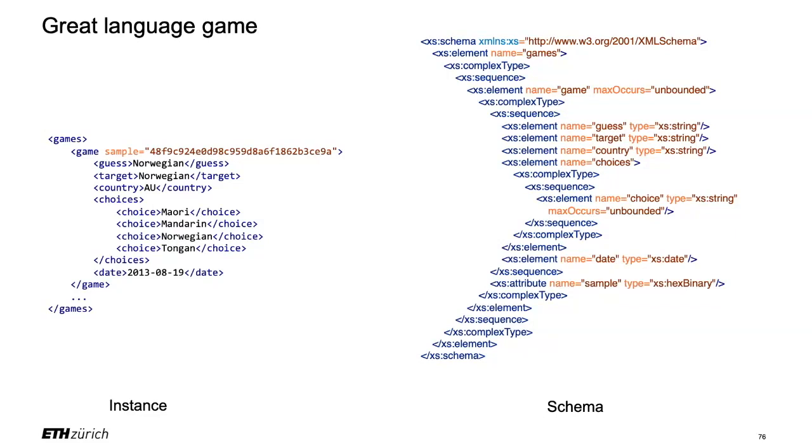They were listening to some audio that was Norwegian. They were given the choice between, is that Maori, Mandarin, Norwegian, or Tongan, and they correctly answered Norwegian, right? And whoever did this was probably from Australia, okay? And they did this on August 19th, 2013. That's one play. And you have 16 million of that in the data set.